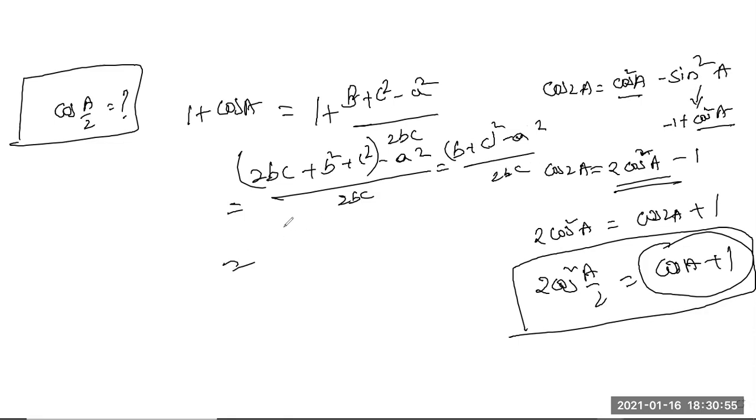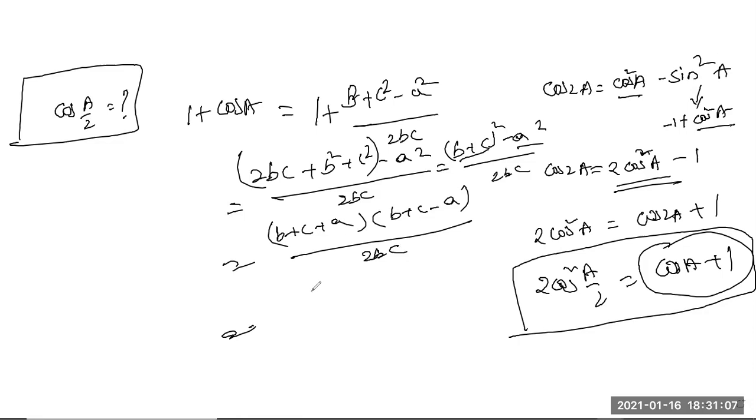This is also in the form of a square minus b square, so you can write it as b plus c plus a times b plus c minus a divided by 2bc. So b plus c plus a is simply 2s, and b plus c minus a is 2s minus 2a, divided by 2bc.